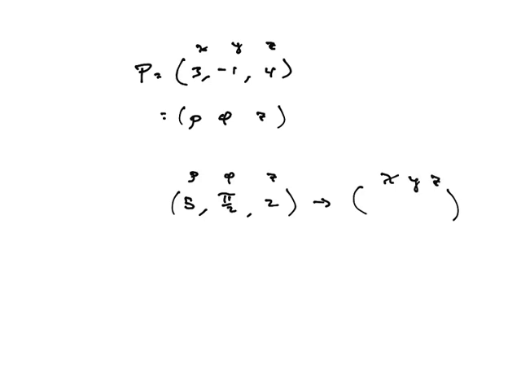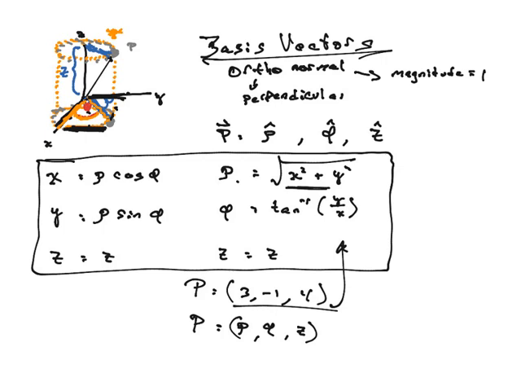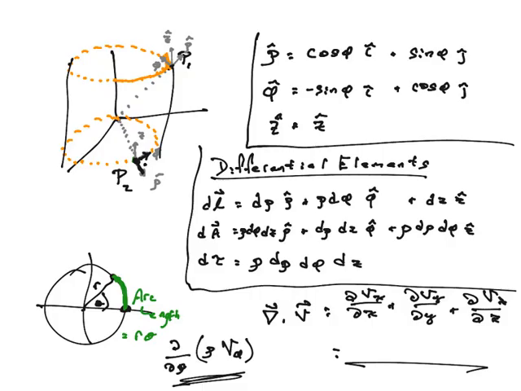You should be able to transform your coordinates using these coordinate transformation conversions. But again, try out yourself writing down del and writing down v in cylindrical coordinates.